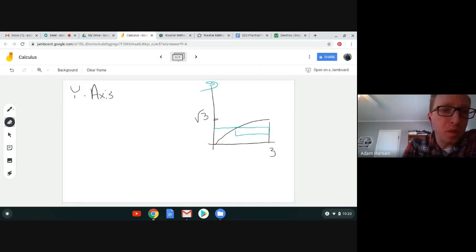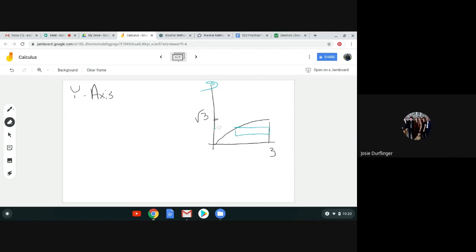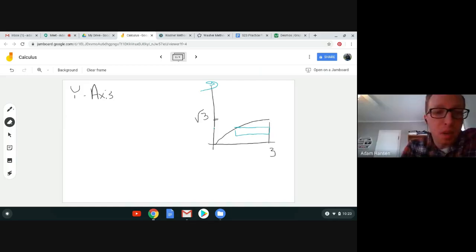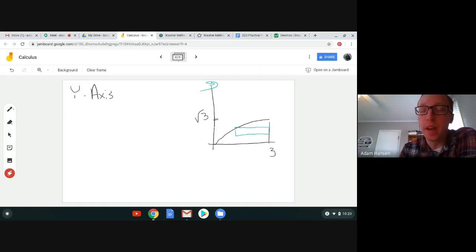I believe it would be in terms of y. The depth of this region is some distance on the y-axis. The height of our cylinder is in terms of some y value, some length along the y-axis. So we'll do a dy integral.